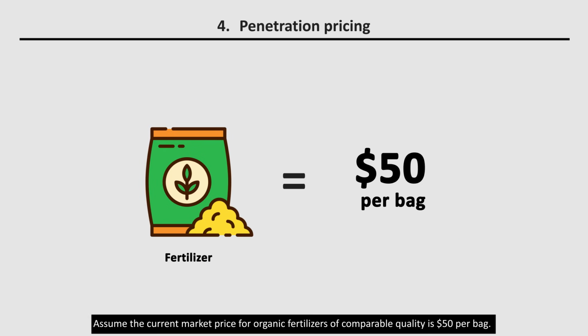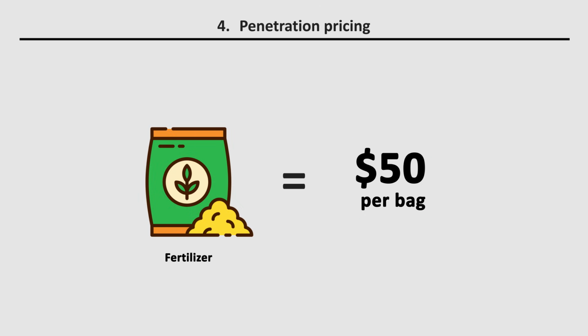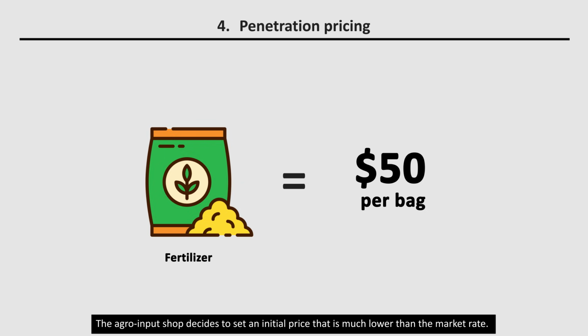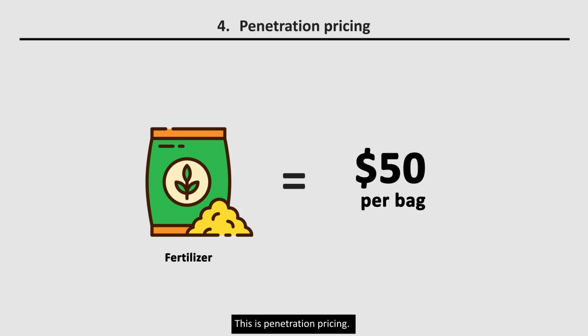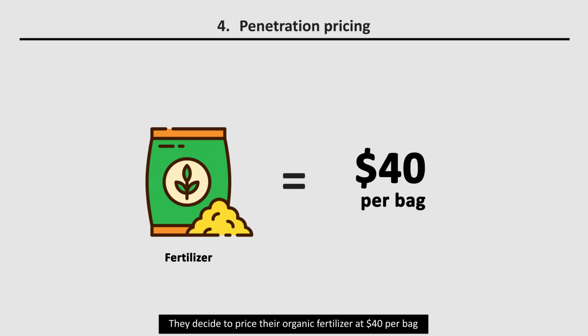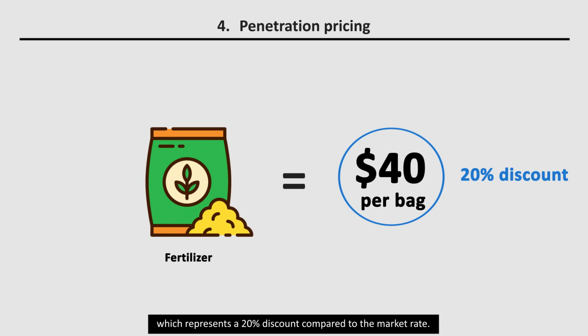Assume the current market price for organic fertilizers of comparable quality is $50 per bag. The agro-input shop decides to set an initial price that is much lower than the market rate. This is penetration pricing. They decide to price the organic fertilizer at $40 per bag, which represents a 20% discount compared to the market rate.